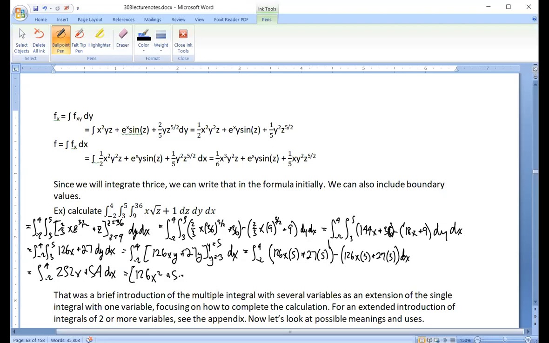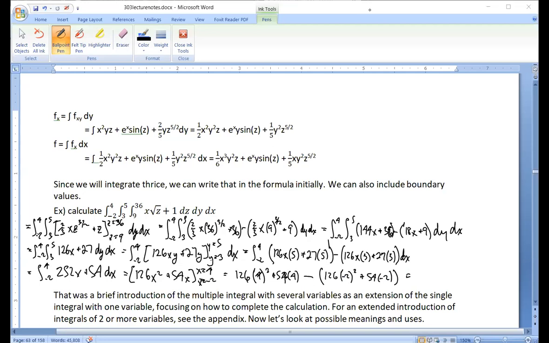And now we can close it out in pretty quick fashion from here. 126x squared plus 54x. x goes from -2 to 4. So you get 126 times 4 squared plus 54 times 4 minus 126 times -2 squared plus 54 times -2.